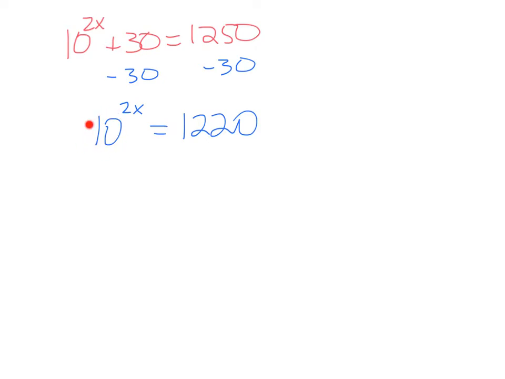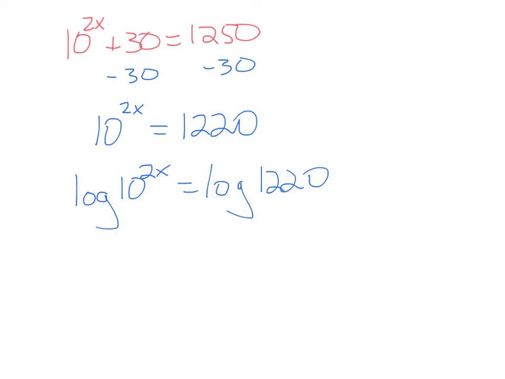But we have this base of 10, and so if you can remember that log and 10 are kind of like inverses, we can take the log of both sides, the common log of both sides, and just like in the previous examples, these cancel each other out, and you're just left with whatever the exponent is, 2x in this case, and that's going to equal the log of 1,220, which is 3.0864.